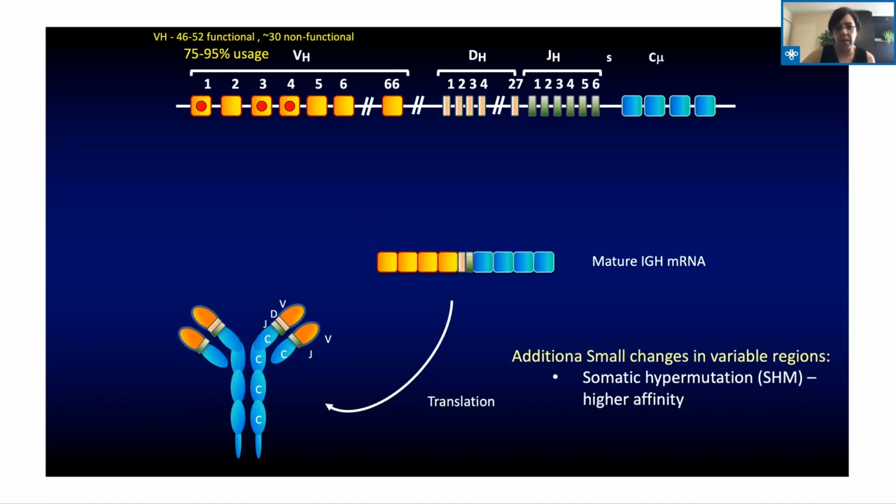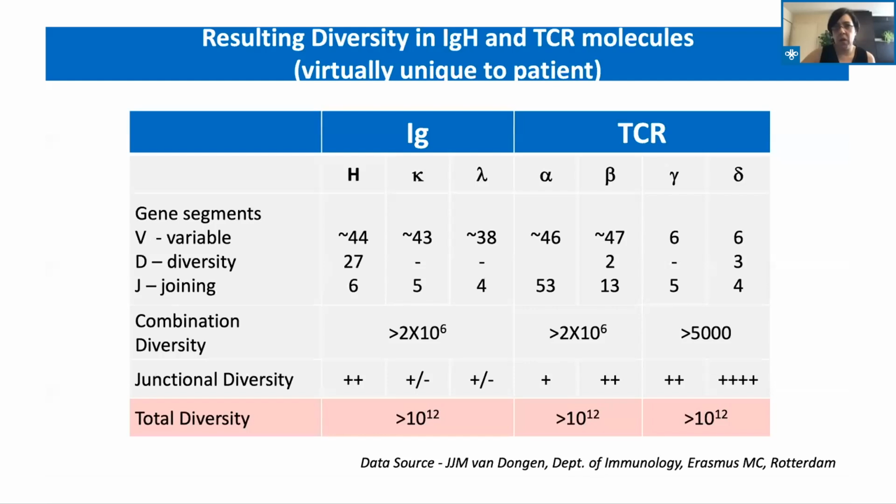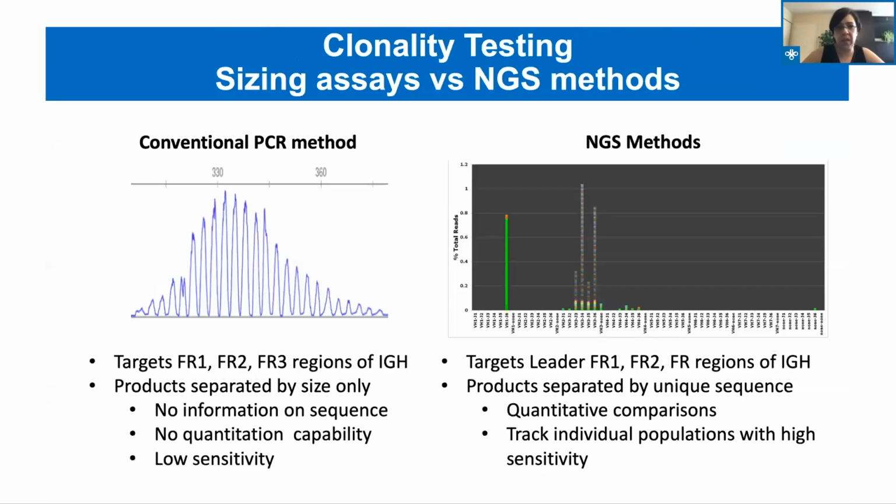Additional small changes also happen in the variable regions through somatic hypermutation, which makes these molecules even more unique. At the end, the resultant diversity of both IgH and TCR molecules is so high, as you can see, the total diversity after all of these changes is about 1 × 10⁻², which makes them virtually unique to that patient. So it's a very easy way to monitor that patient for the disease-specific clone.